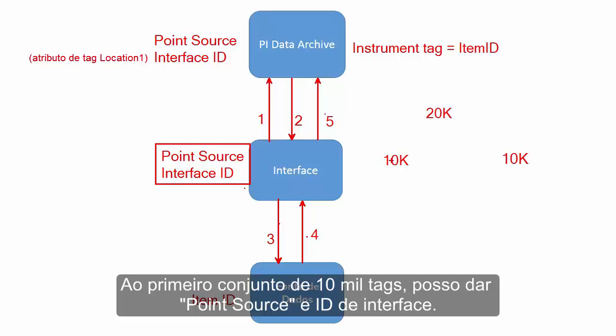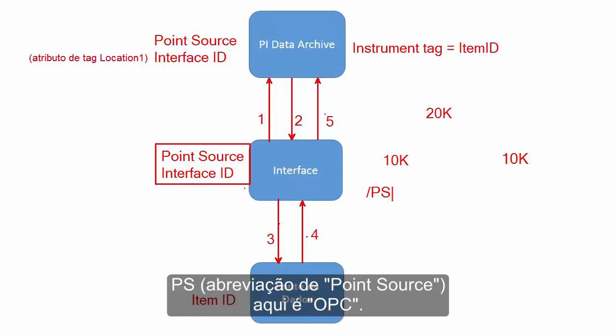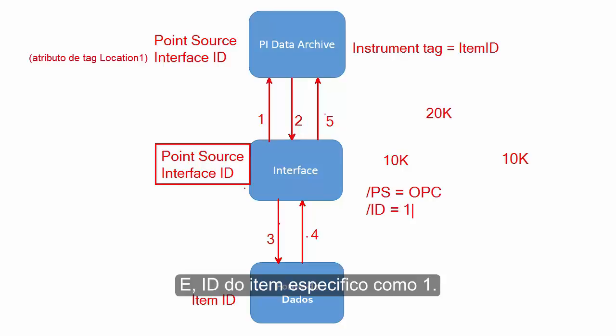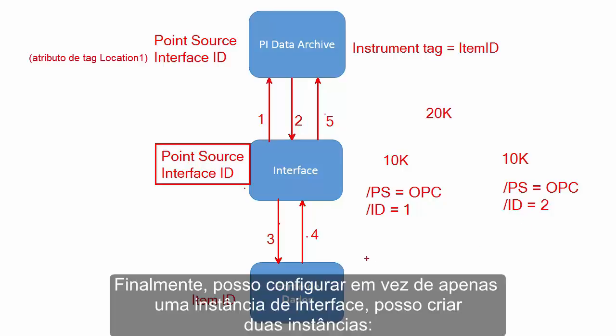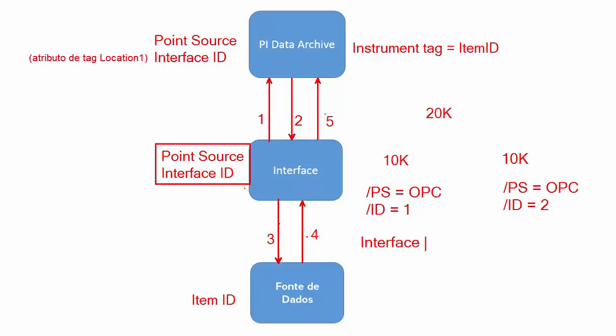For the first set of 10,000 tags, I can give a point source and interface ID. PS is the short form, OPC, and interface ID I can specify as 1. And likewise, for the other one, I can specify the point source as OPC and interface ID as 2. Finally, instead of just one interface instance, I can create two interface instances, interface 1 and interface 2.